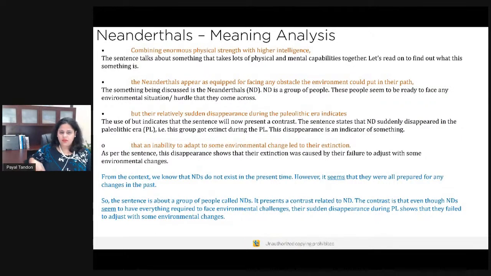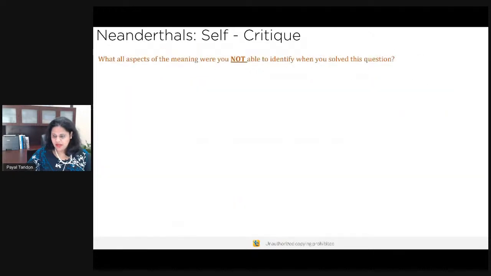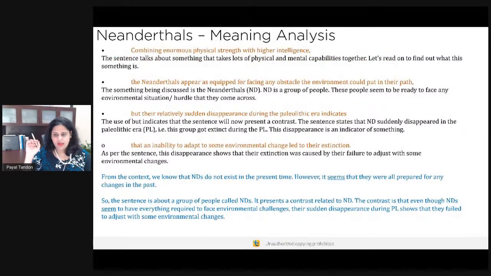Okay, now that you've gone through the meaning analysis here, is the meaning absolutely clear in your head? Type yes if, after going through the meaning analysis, the meaning is absolutely clear and you don't have any confusions. Or if you have any confusions, ask those doubts right now. So the meaning is clear, right?